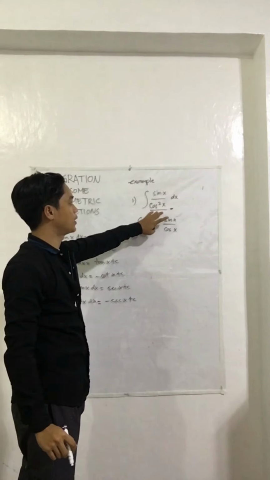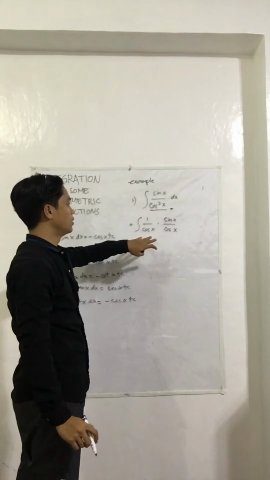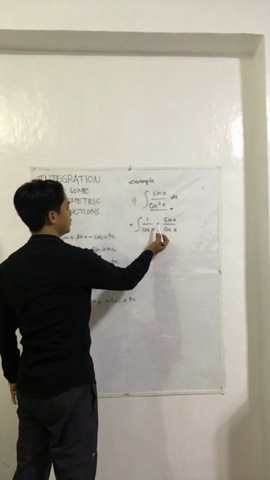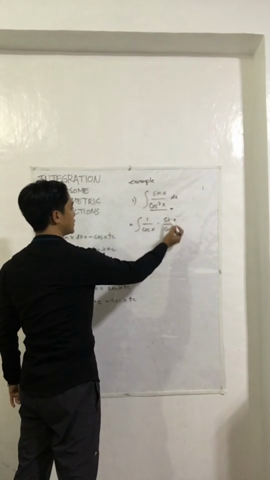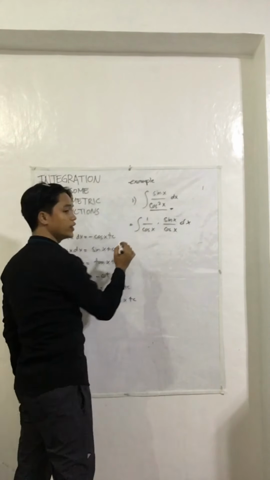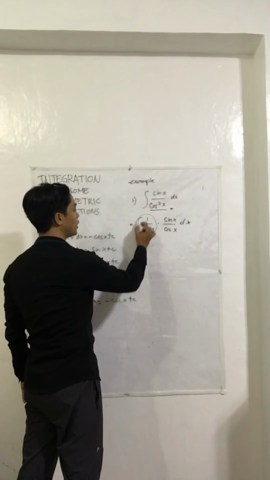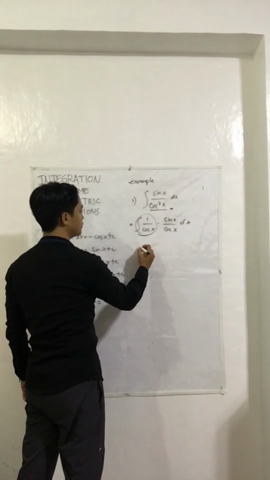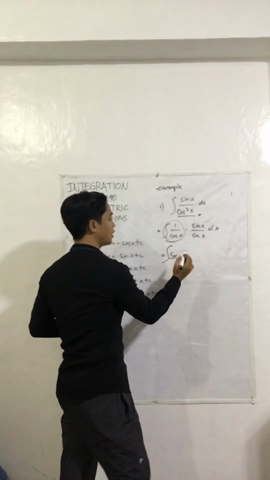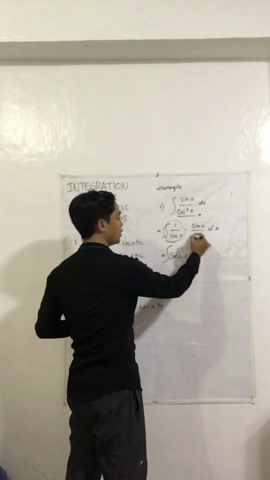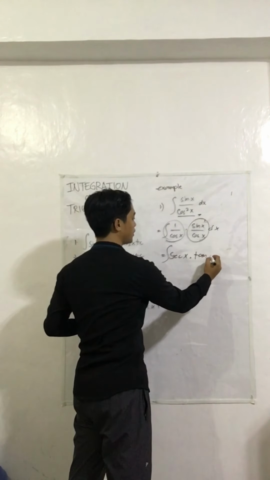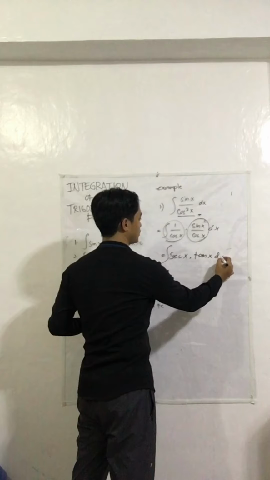Naging 2 factors siya kasi nga may squared. So, naging 1 over cosine x times the sine x over cosine x dx. So, kukunin natin yung reciprocal identity nito, so magiging secant x, tsaka kukunin din natin yung quotient identity nito. So, magiging tan x dx.